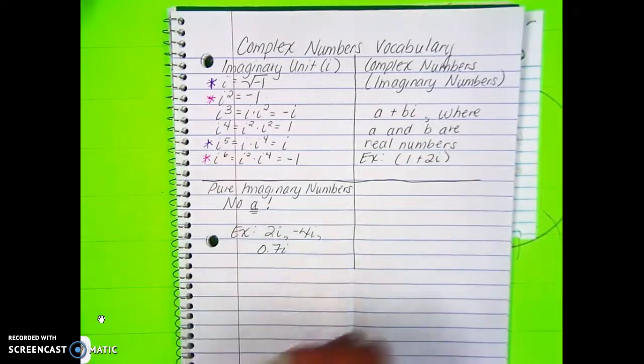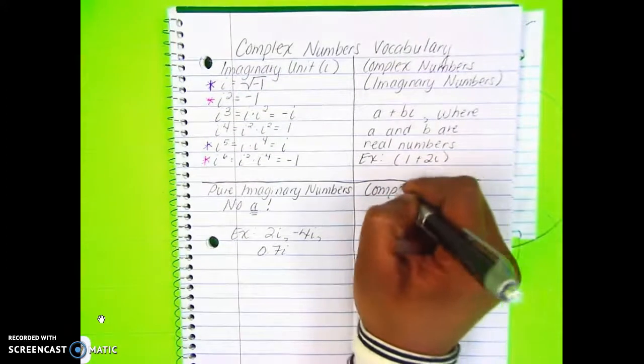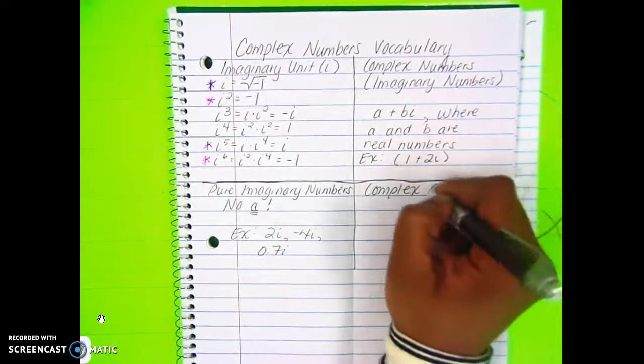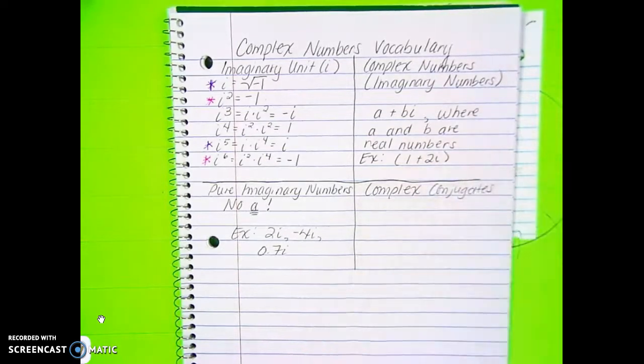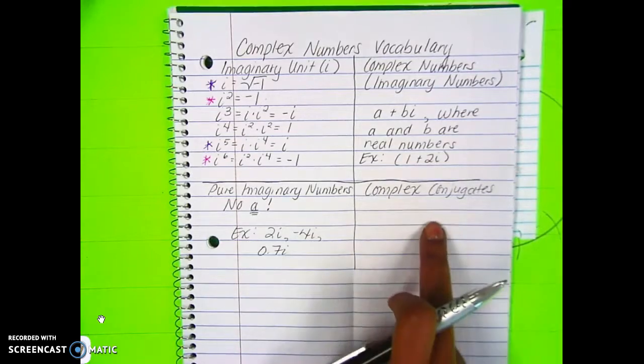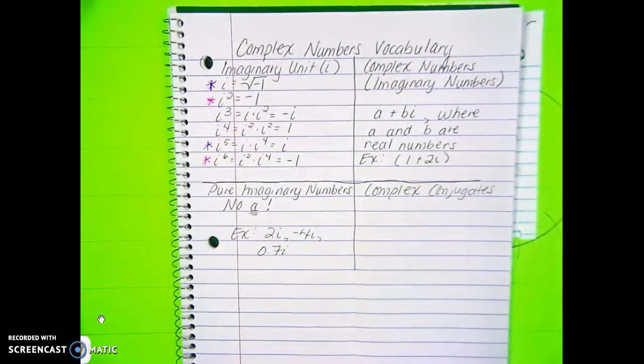The next word is complex conjugate. Conjugates and the powers of i come in handy when you are doing operations with complex numbers, which we'll be getting to next.